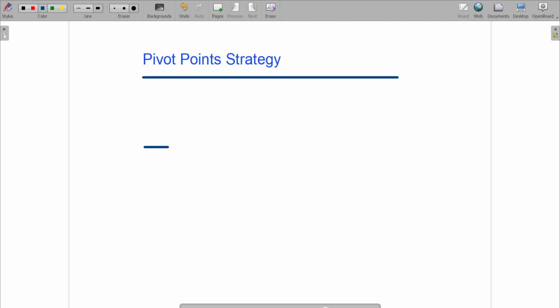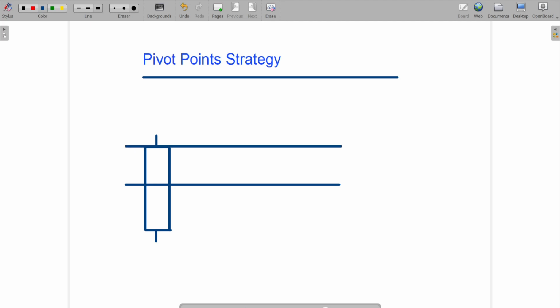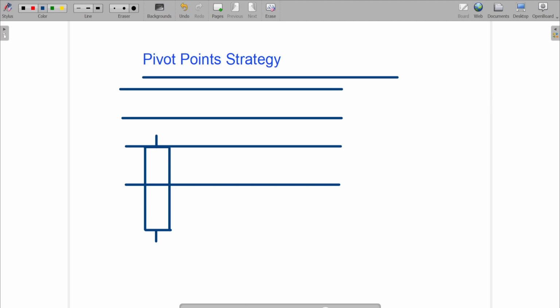Let me draw. This is the previous day candle. Let me draw the lines. This is the pivot point line. Assume that this is R1, this is R2, and this is R3.